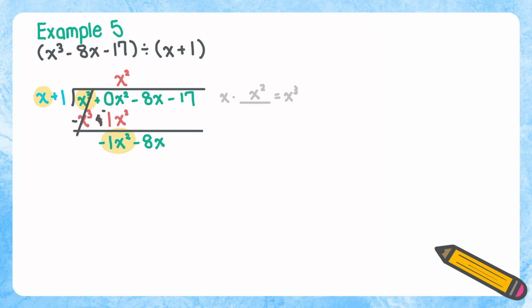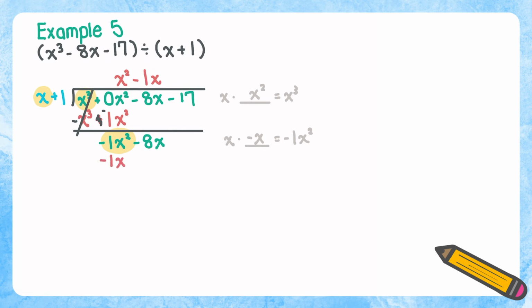Right, so next, x times what would equal negative 1x squared? So a negative x would work here, or negative 1x, whichever you feel more comfortable with. So I'm going to write it up here and then distribute.